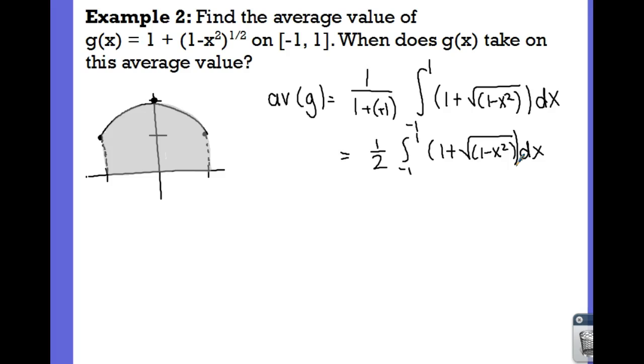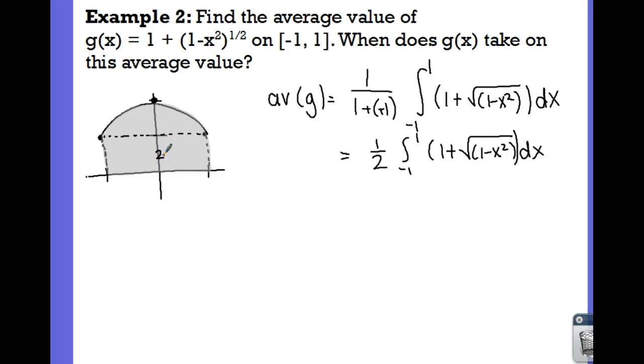In order to find this average value, you have to go back to what we talked about the other day, which is geometric shapes and their area. So what's the area of the rectangle? You have a base of 2, a height of 1, so 2 times 1 gives you 2. So the base area is 2.